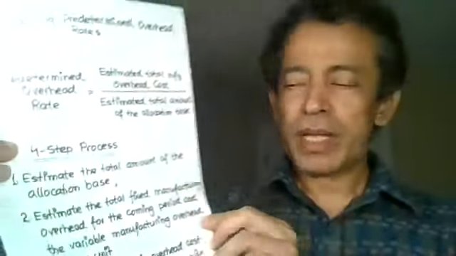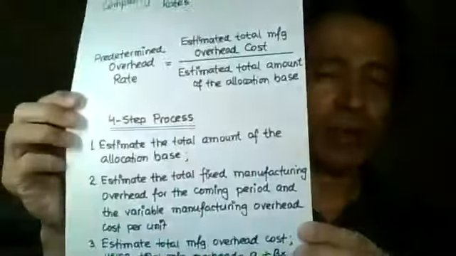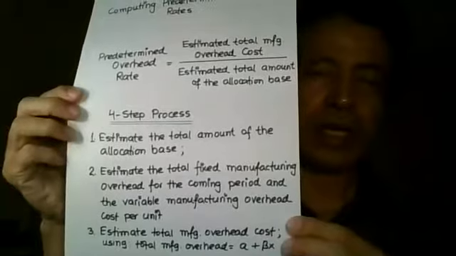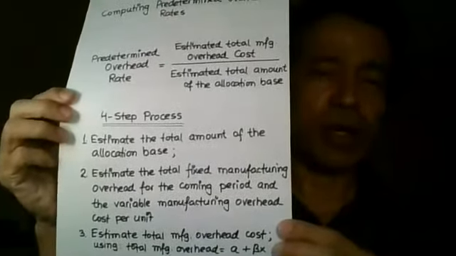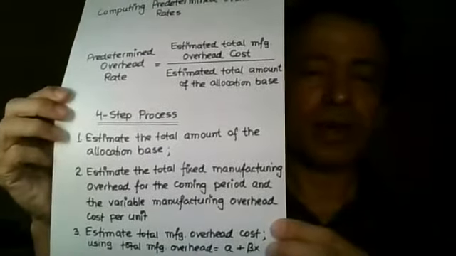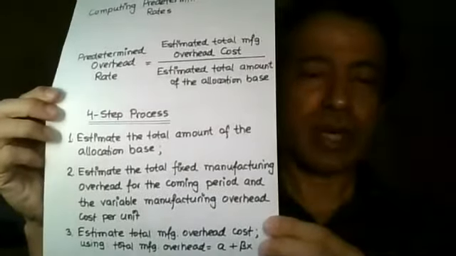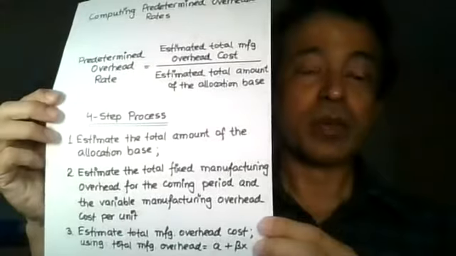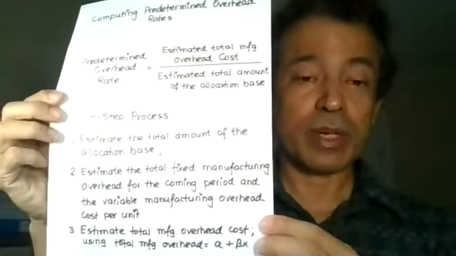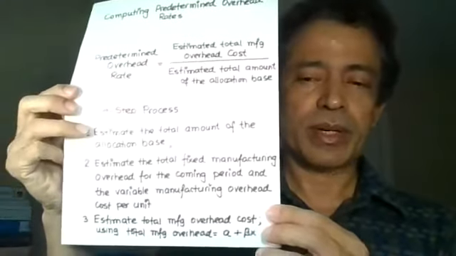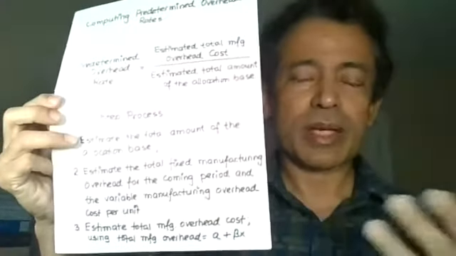And then estimate the total fixed manufacturing overhead cost. These are also estimated fixed manufacturing overhead, which is fixed, like doesn't depend on any volume or any number of hours. Fixed overhead like managerial salary, like CEO pay, like headquarter depreciation, all the equipment depreciation, and rent, salaries, and holiday pay, things that are fixed.